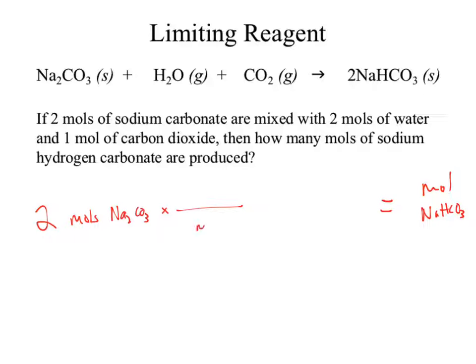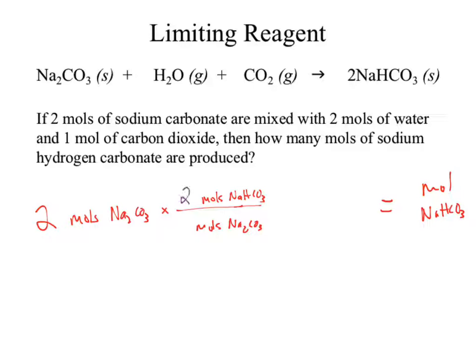The moles of sodium carbonate needs to show up on the bottom because I'm trying to get rid of that unit. And ideally I make it into what I'm trying to get to, which is moles of sodium hydrogen carbonate. What are the numbers associated with those units? 2 moles what?